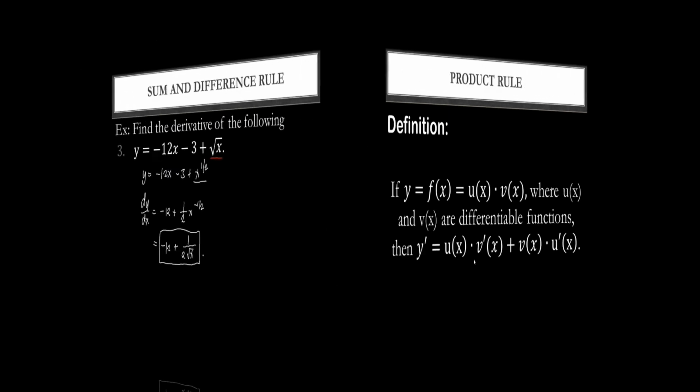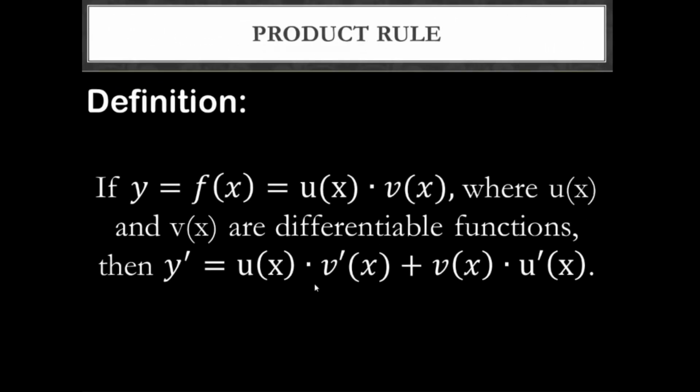Moving on. Product rule. So, last 2 na rules na lang, then we're done. So, ano bang ibig sabihin ng product rule? If y equal to f of x equal to u of x times v of x, where u of x and v of x are differentiable functions, then y prime equals u of x times v prime of x plus v of x times u prime of x.